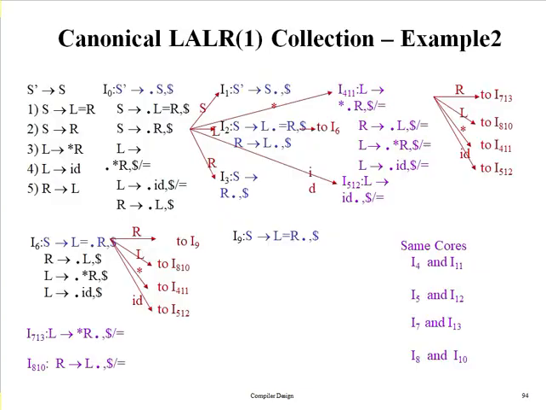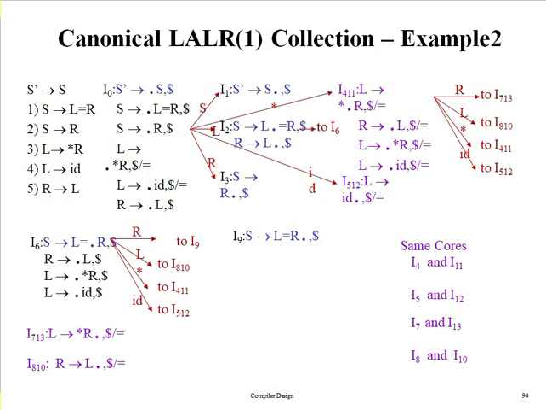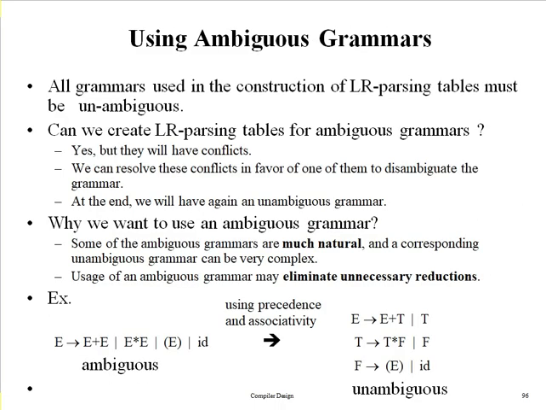The way we fill the actions and the goto table is the same. The only difference is identifying the states having the same core and merging them together to be represented by a single row in the LALR parsing table. So in general, we have those 3 parsing tables that can be constructed.